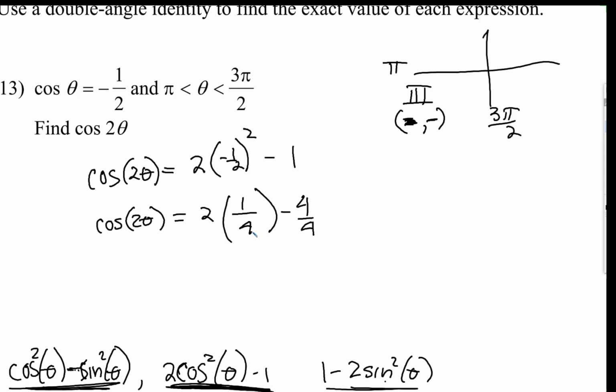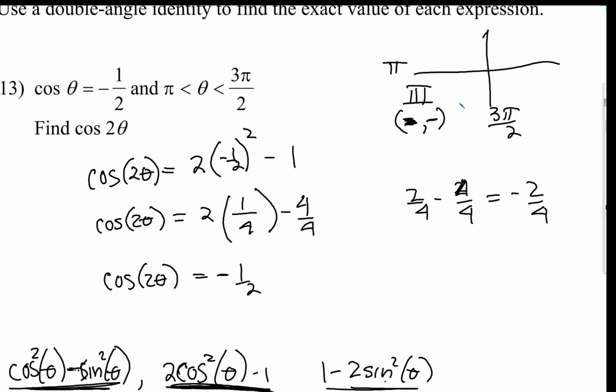I'm going to leave the 4 there instead of simplifying, because now we have 2/4 subtract 4/4, which is negative 2/4. So cosine 2 theta ends up being negative 1/2 again. But originally we were in the third quadrant. When we doubled it, we ended up in the second quadrant, and in the second quadrant, it's also negative.